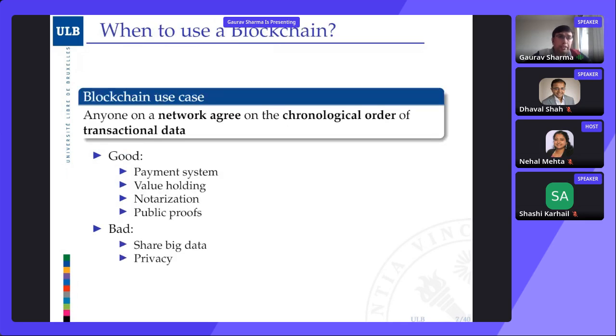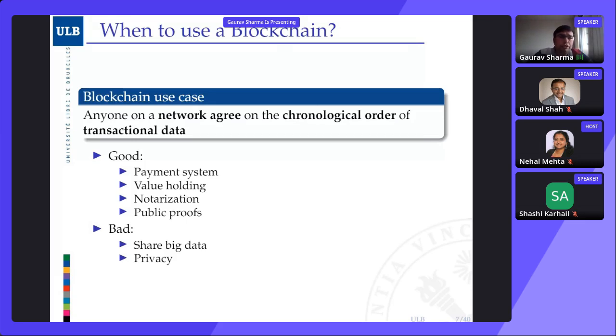So the question is when to use a blockchain, because nowadays this is the trend. Every company, every organization has a keyword like blockchain in their system. Actually, there is not a single bullet to answer this question, and the easiest answer is it depends upon the application, and you have to analyze it properly whether you really need a blockchain or not.